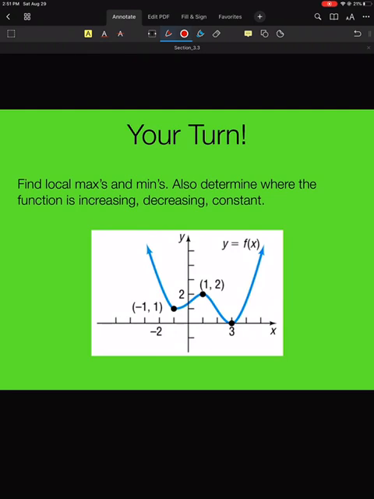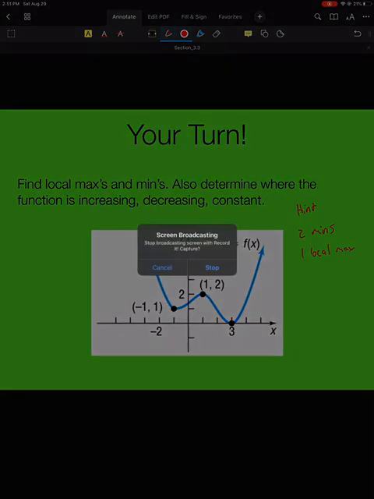The hint is that there are two local mins and one local max. Tell me what they are, and then tell me where the function is increasing, decreasing, and or constant. So that's the second Your Turn.